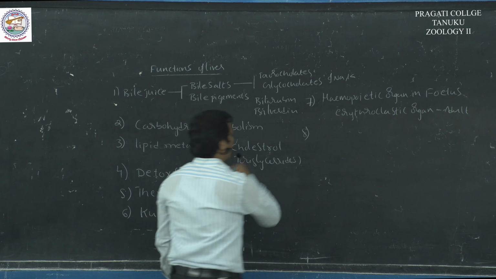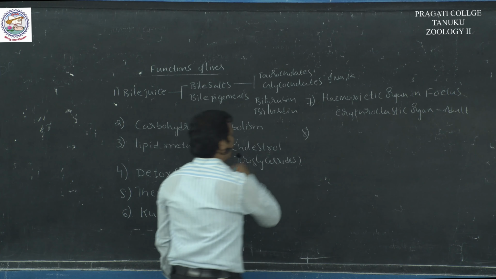And liver also produces heparin, which is an anticoagulant. In general, the blood does not get clotted in the blood vessels because of the anticoagulant heparin, which is produced from the liver. So that is about the functions of the liver.